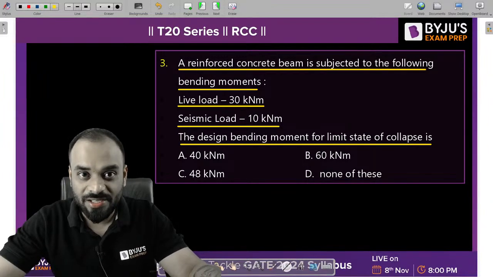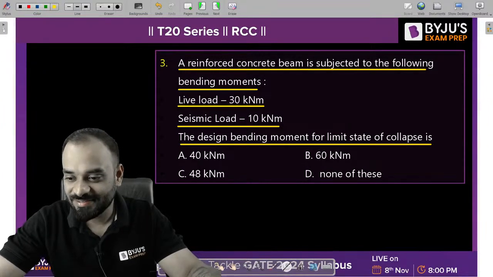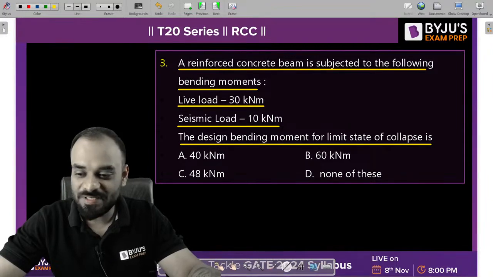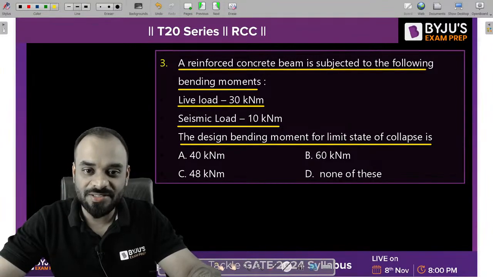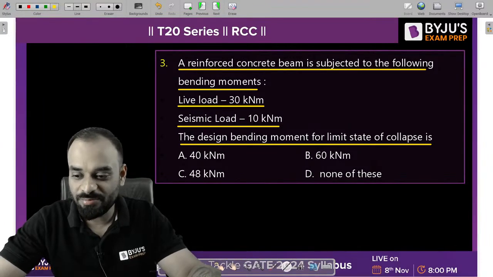Tell me, guys, quickly, you have to give the answer. B, that means 60. As per Pradhvi Raj, it is B, that means 60 kilonewton meter.